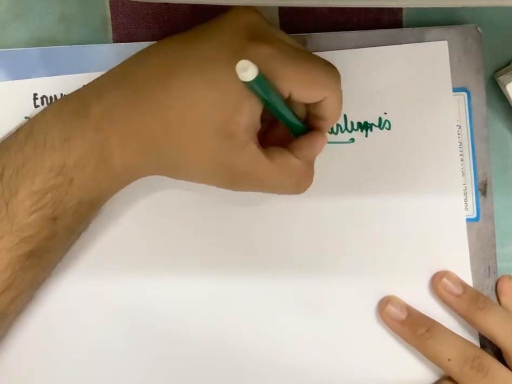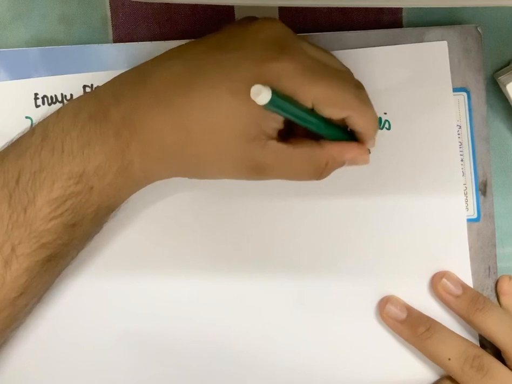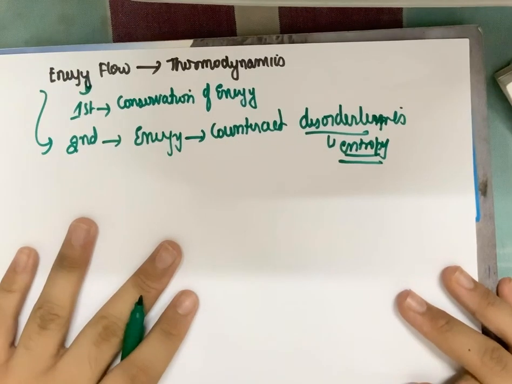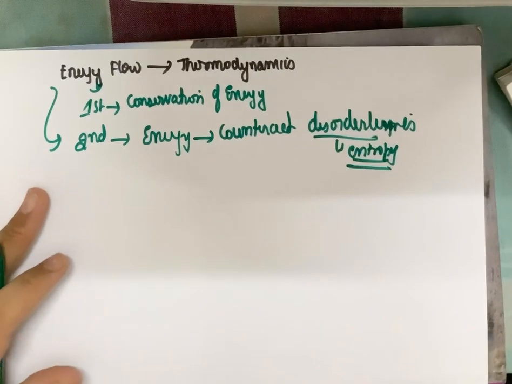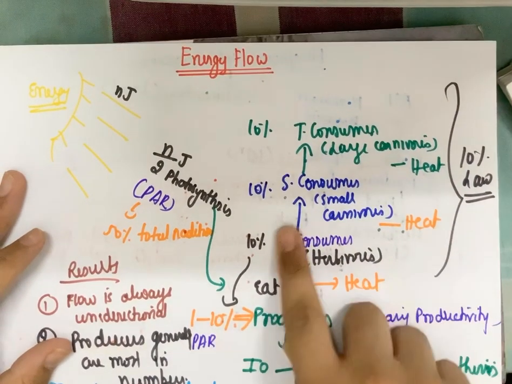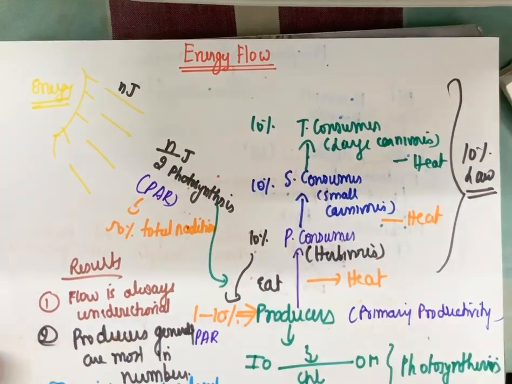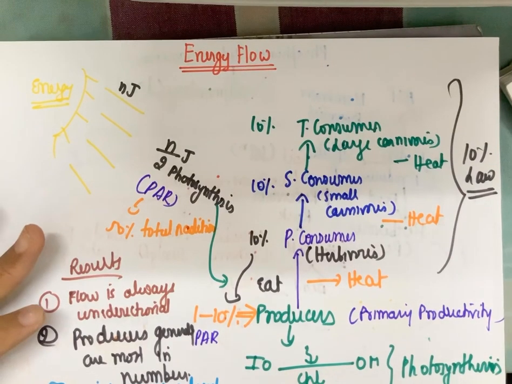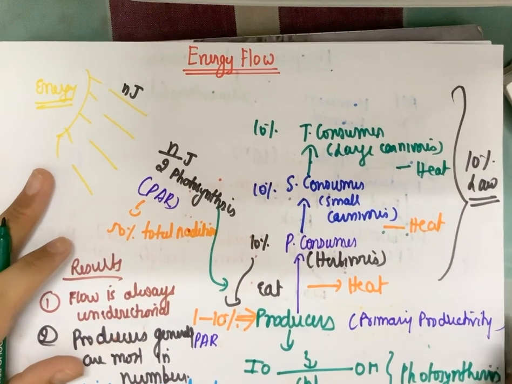Which is basically your entropy in terms of chemistry. In the ecosystem also, when the energy is flowing from one trophic level to the other, we need energy to remove disorderliness and maintain a discipline in the ecosystem, maintain a balance of the food chain in the ecosystem.